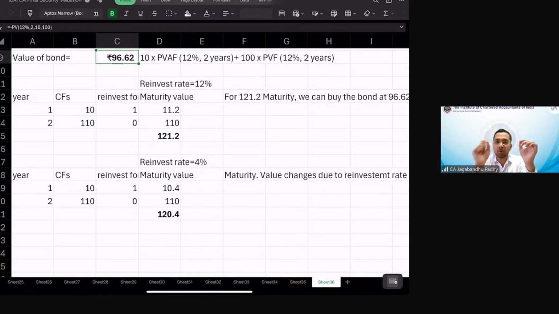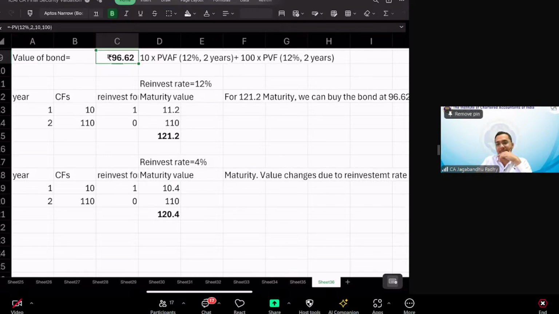But then the problem is, what will be the value of the bond when you sell it in the market? Are you sure that the value will remain the same as you have assumed? No, market price is also subject to change. So can I say there also a problem is there?